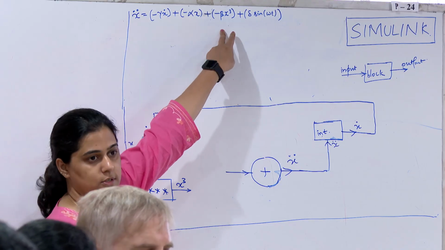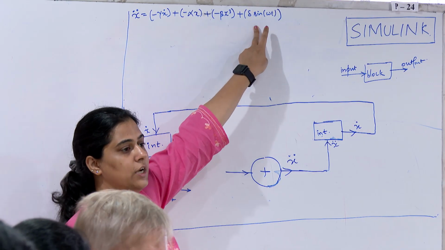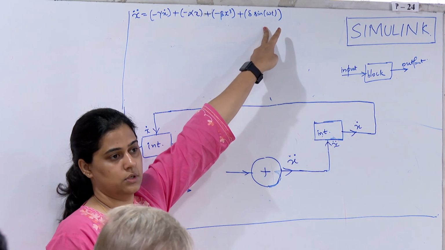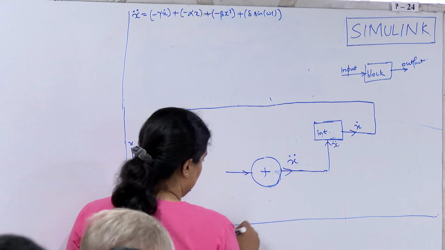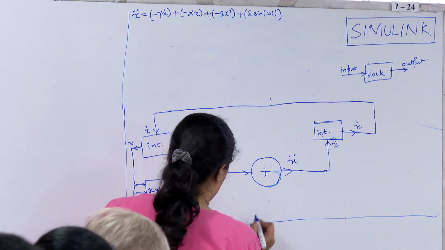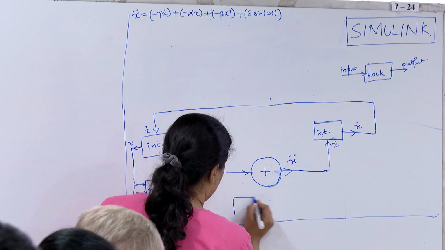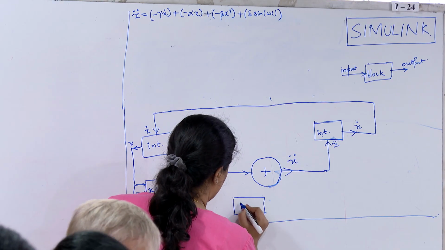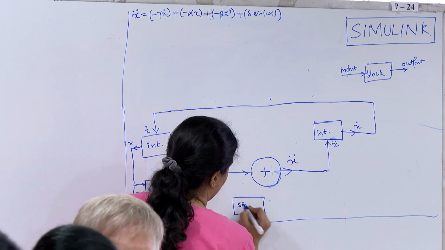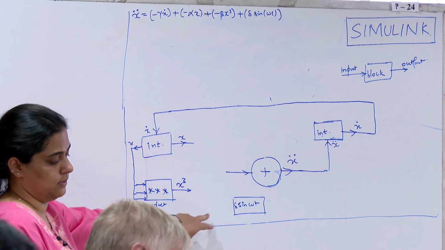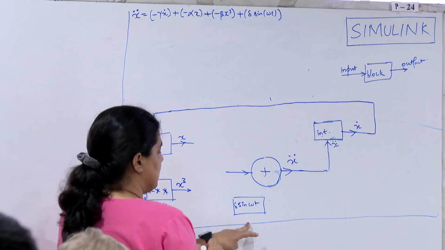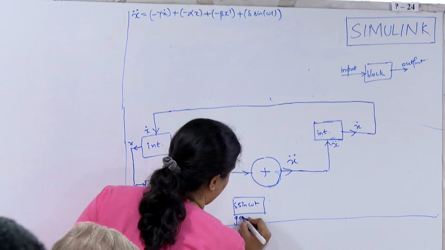Now you need force, right? So you need a sinusoidal source. Some sinusoidal block you will be needing, so I'll put that here. It's in some form of delta sine omega t only, right? This is your force. It's just a generator.